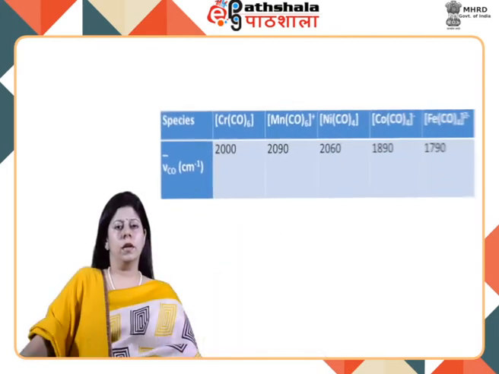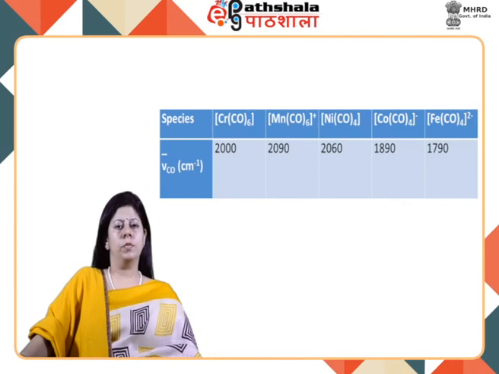The lower will be the CO bond order, the lower will be the force constant of the CO bond, the lower will be the CO stretching frequency, and the lower will be the wave number of the CO absorption band. This fact has been verified experimentally by IR spectra.